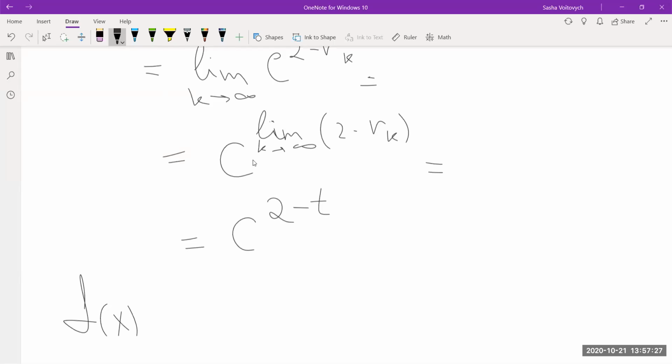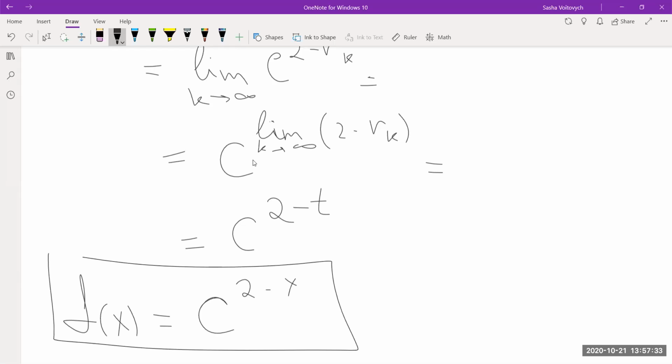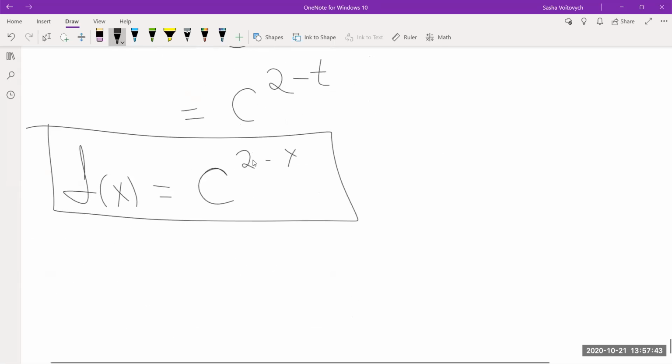So whether x is a rational number or an irrational number, we get that f of x is equal to c to the power 2 minus x. Yep, so this is it.